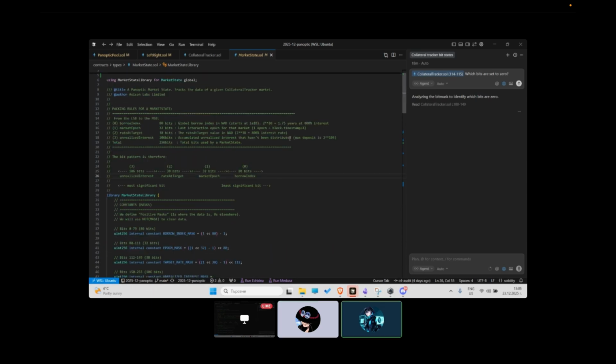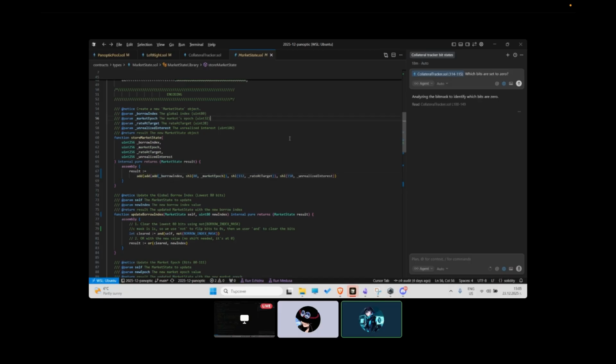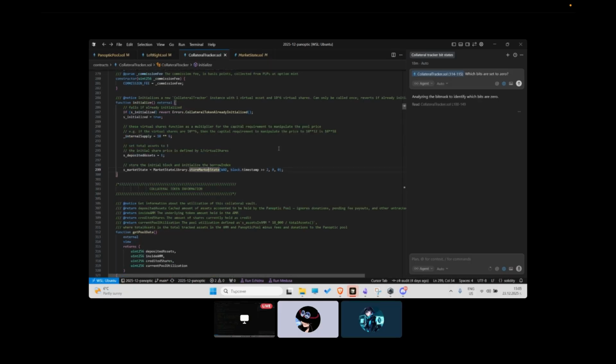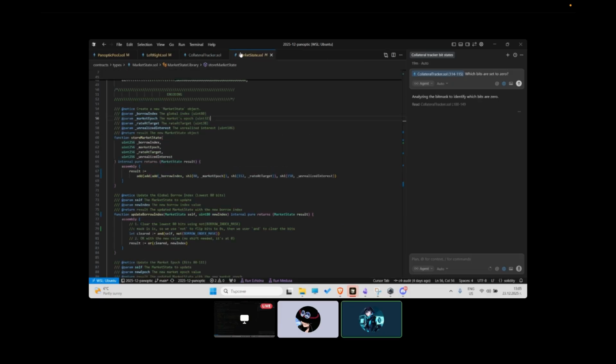It's how they track epochs. They just divide by two times. Yeah, they divide by 4 basically.